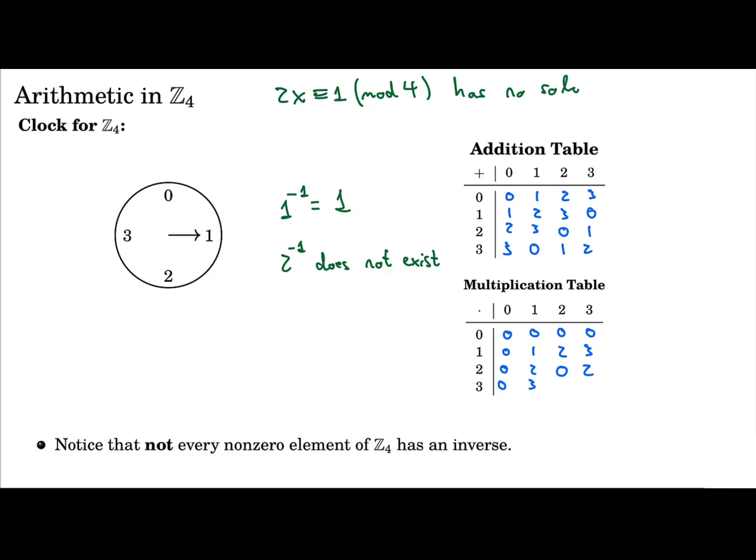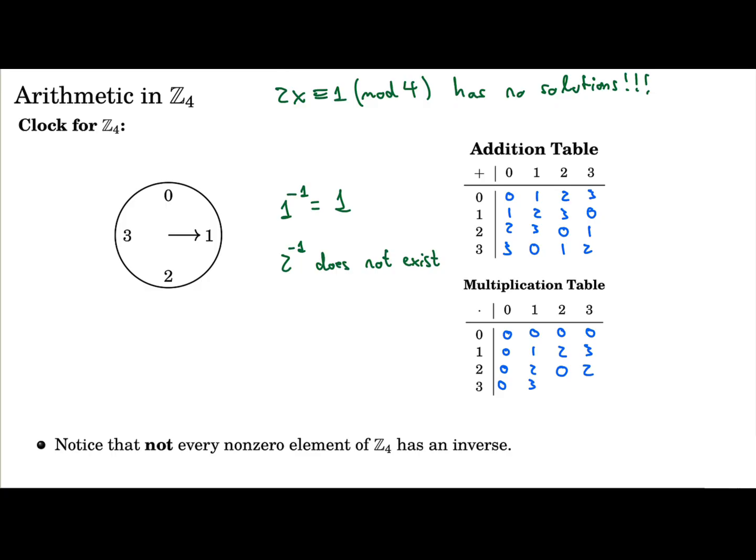So it's not true that you can solve any equation like this, because there is no number that you multiply by 2 and gets you a 1. There's no way for you to multiply on both sides here to get rid of this 2 here. This just doesn't happen. And you can also look at this row here. Every number when you multiply by 2, it's either going to be 0 or 2. So also you can't solve the equation 2x equal to 3, for example.